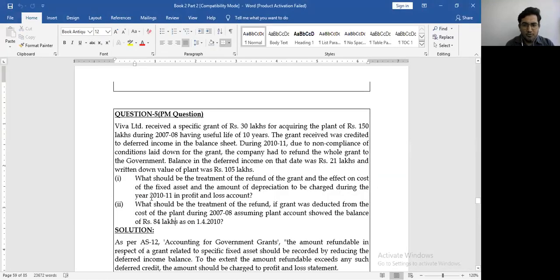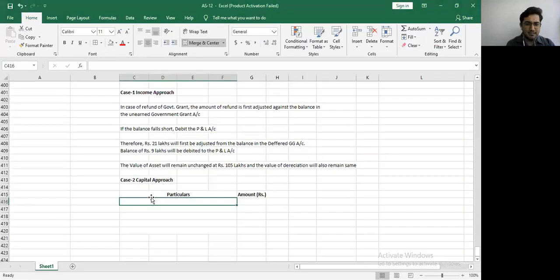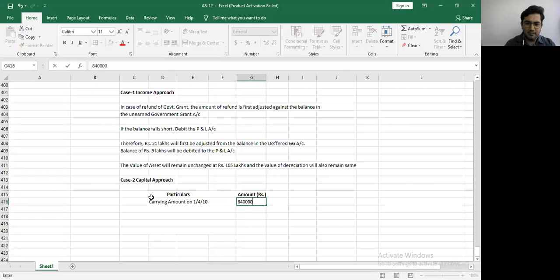Carrying amount on 1/4 2010 is 84 lakhs. Add to that refund of government grant.